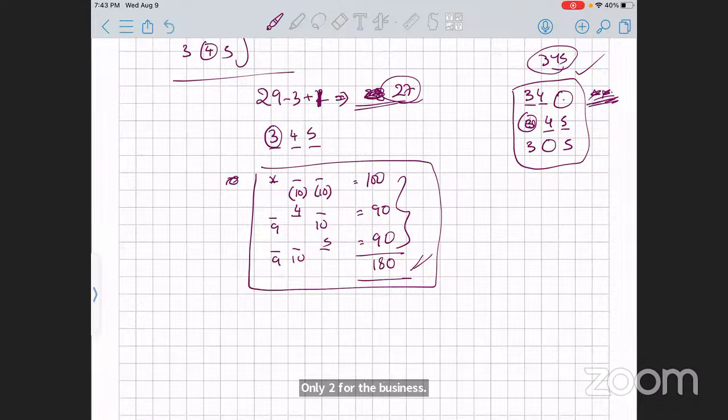Then we have 280 possibilities, sir. No, look, 280 possibilities. And you have to subtract the same number, 3, 4, 5, minus 3 plus 1.